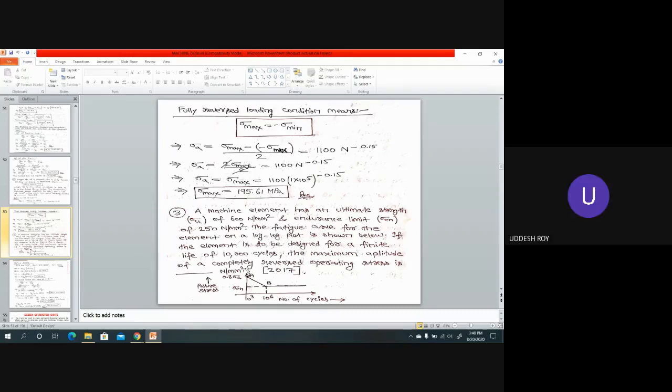Endurance limit is also given. That means from the graph it is very much clear that the point from where the graph becomes exactly parallel to x-axis, from that particular point along y-axis is your endurance limit. So from point B, the graph is parallel to horizontal axis.